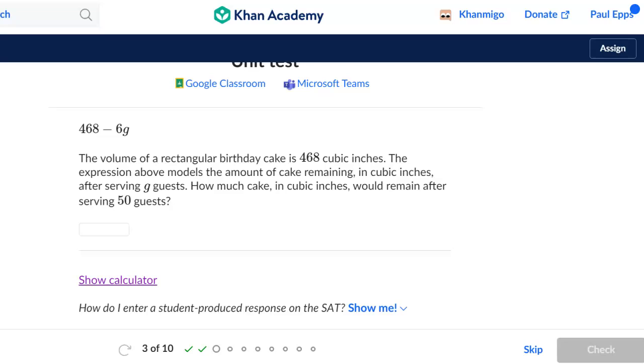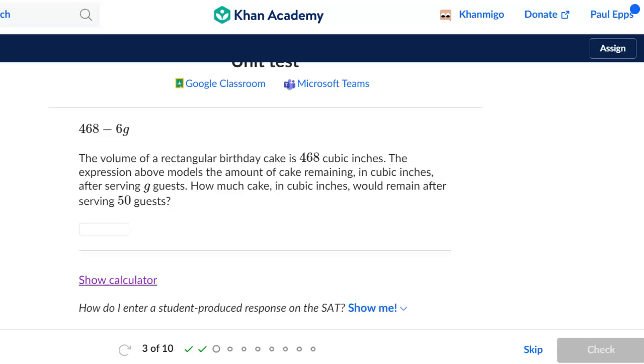The volume of a rectangular birthday cake is 468 cubic inches. The expression above models the amount of cake remaining in cubic inches after serving G guests. How much cake in cubic inches would remain after serving 50 guests? Well, I don't recommend doing these things in your head necessarily.